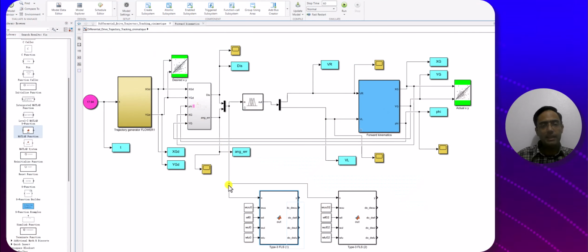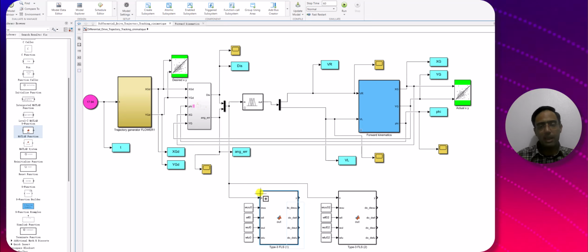Okay, that's it. We just simply replace the type 1 fuzzy controller with a type 3 fuzzy controller. The bounds of the uncertainty here are constant. As I told you, you can design some adaptation rule here to change these parameters online.